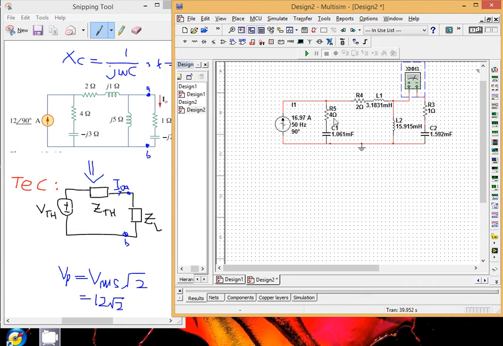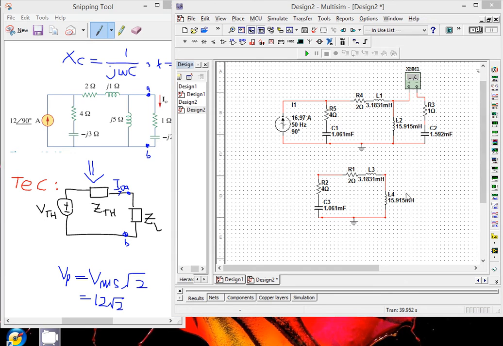So just copy this and paste to here. And for your load impedance that connects to terminal A and B, you have to remove it first. So then you need to measure your impedance from here.